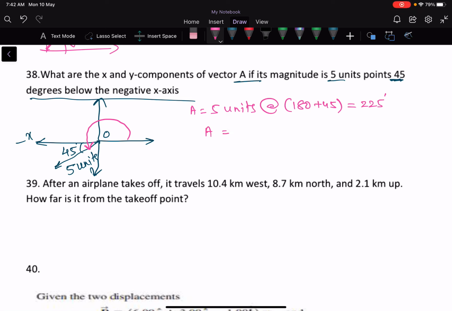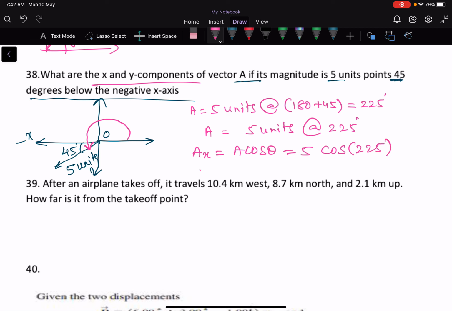So A is equal to 5 units at an angle of 225 degrees. Now we are asked to find the x and y components. Ax equal to A cos theta, that is 5 cos 225. Similarly, ay is A sin theta, that is 5 sin 225. Okay, you will get the answers here.